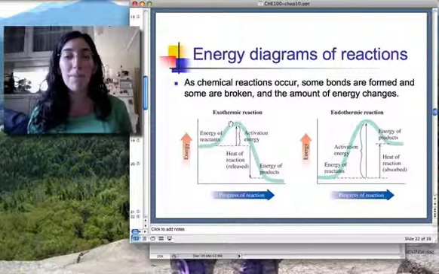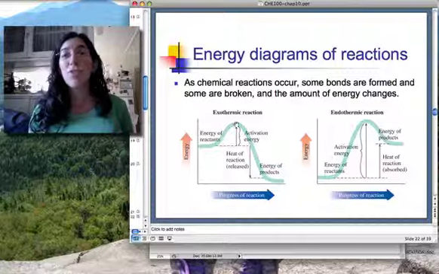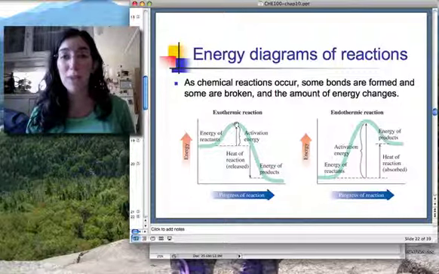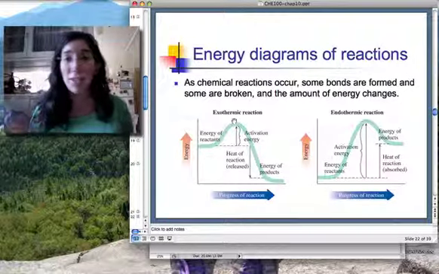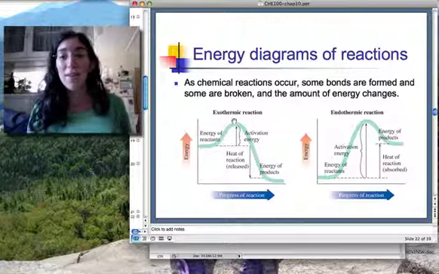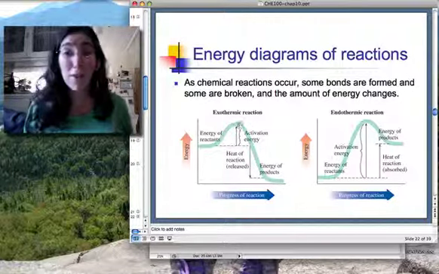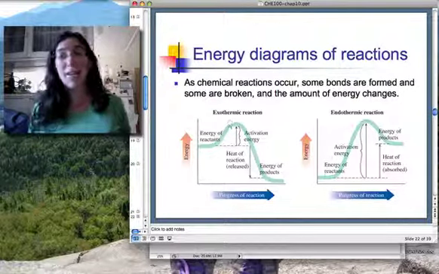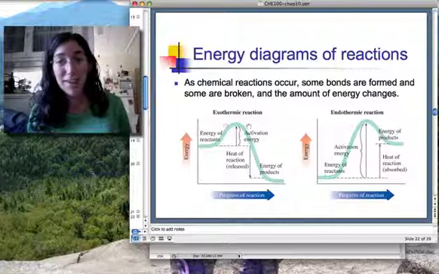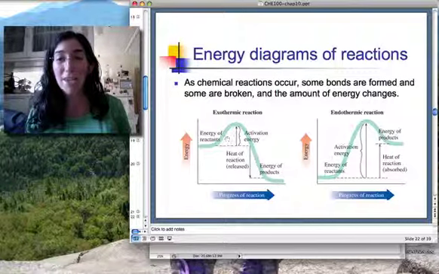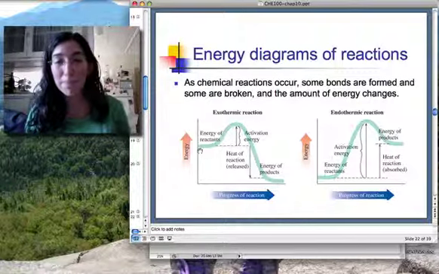This peak represents the energy of that transition state, that uncomfortable state. So the more uncomfortable the molecule is in that transitioning state, so in my analogy, the more uncomfortable you are with your half-naked upper torso, the higher this peak is going to be, and the higher the activation energy will be.